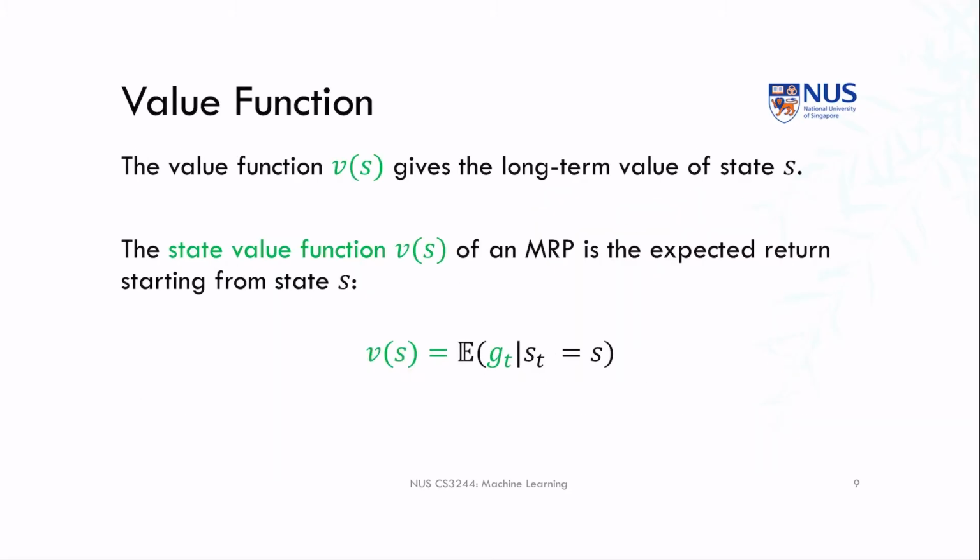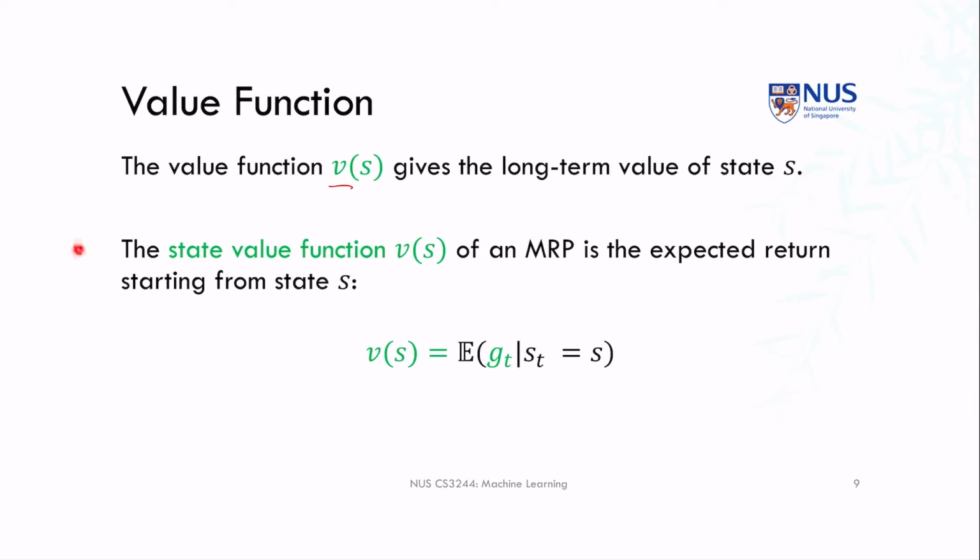So we're going to come up with this idea of a value function. The value function is basically this idea of V. It's going to give us the long-term value of being in the state S. So it's approximating that sequence of G's, right? We're going to come up with a state value function, which is a specific type of value function, which is going to encode the importance or utility or returns of being in a certain state at a certain time.